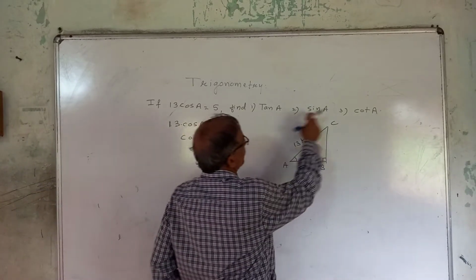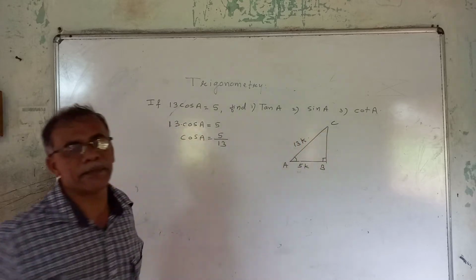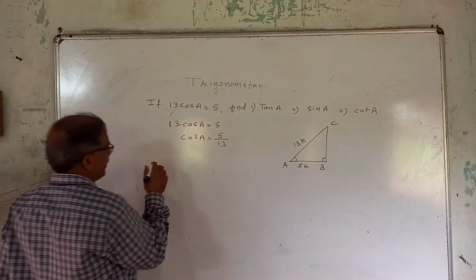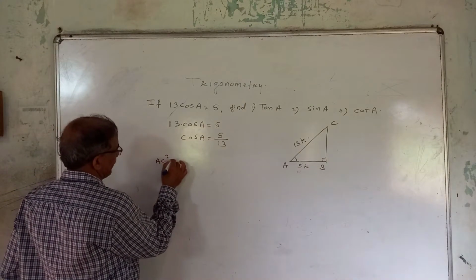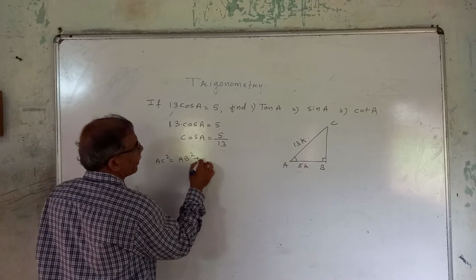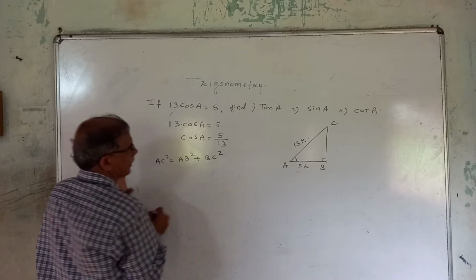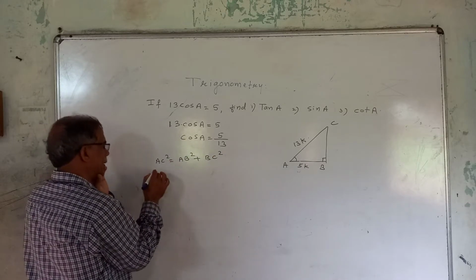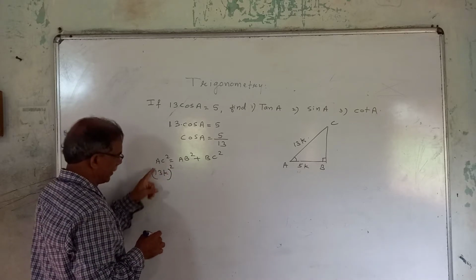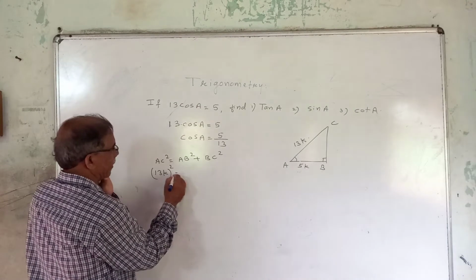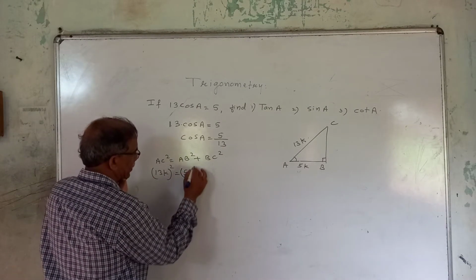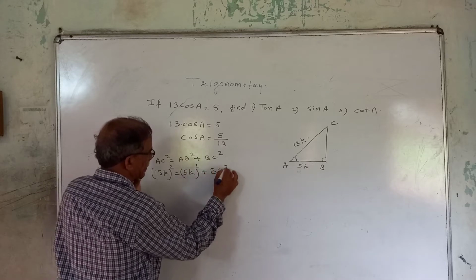Now to find these ratios, we should first obtain the third side which is not known. So now, what will we use? Pythagoras theorem. AC square is equal to AB square plus BC square. So AC is 13k. So 13k whole square, you remember this, 13k bracket whole square is equal to AB square, 5k whole square, plus BC square.